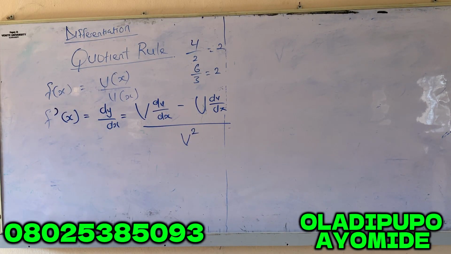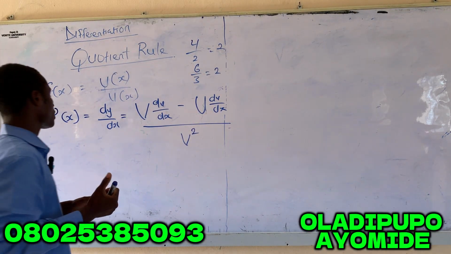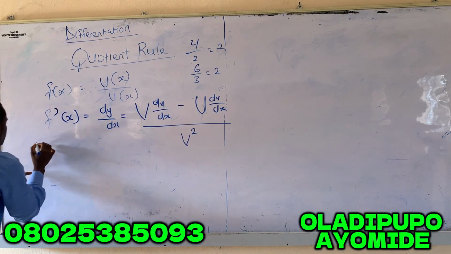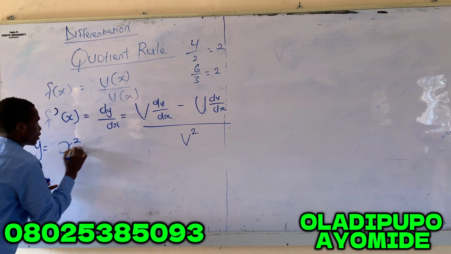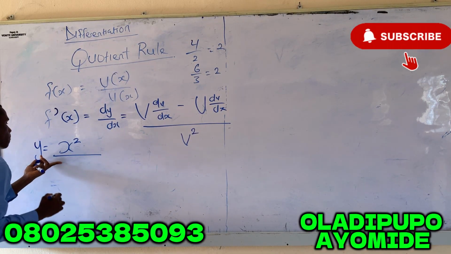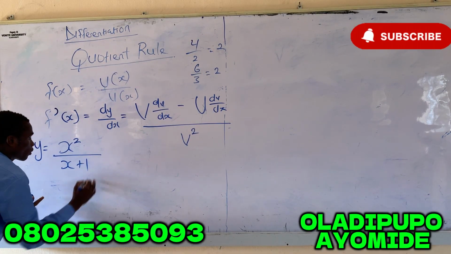Let's take an example to see how it works. Given that y is equal to x squared all over x plus 1.